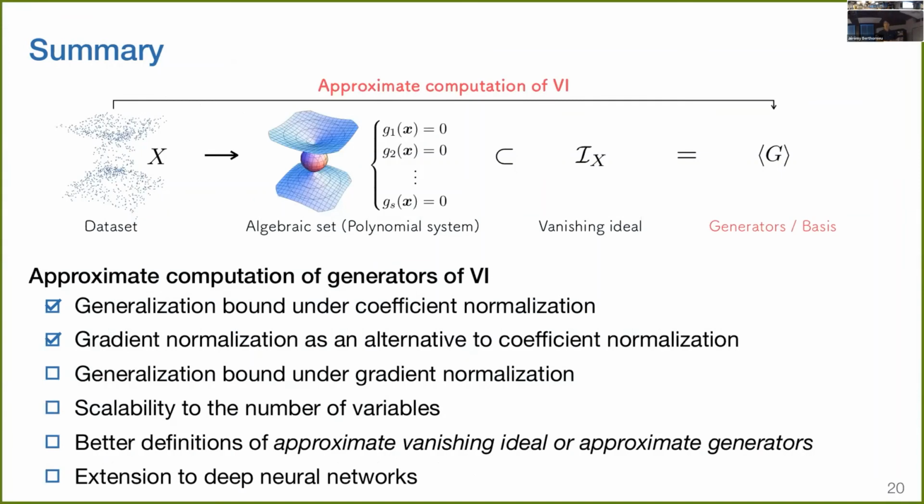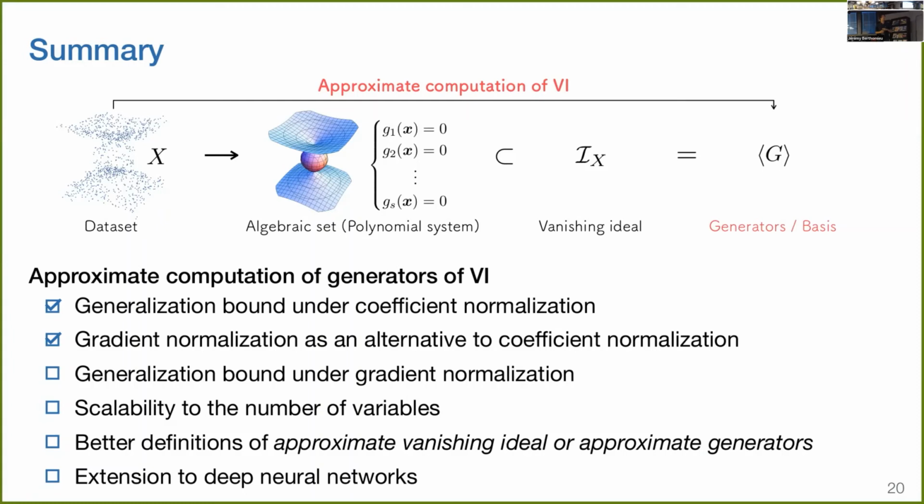Okay, so here is a summary. In this talk, I talked about approximate computation of vanishing ideals, and the pipeline is like this. There are many challenges in this topic, and it only has about a 10-year history, so it's not very mature yet.